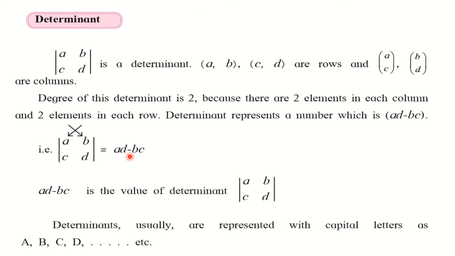You have to write down the minus sign. AD minus BC. You can see the arrows here. So the value of this determinant is AD minus BC.